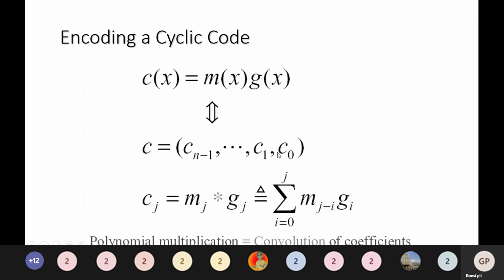These are nothing but the code words. Then c_j is equal to m convolved with g, where m is the message polynomial or message coefficients, and g is the generator polynomial or the generator coefficients. So it is represented by this particular summation.